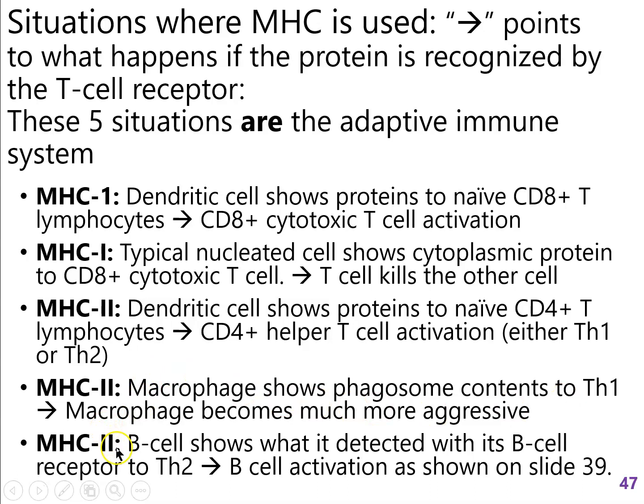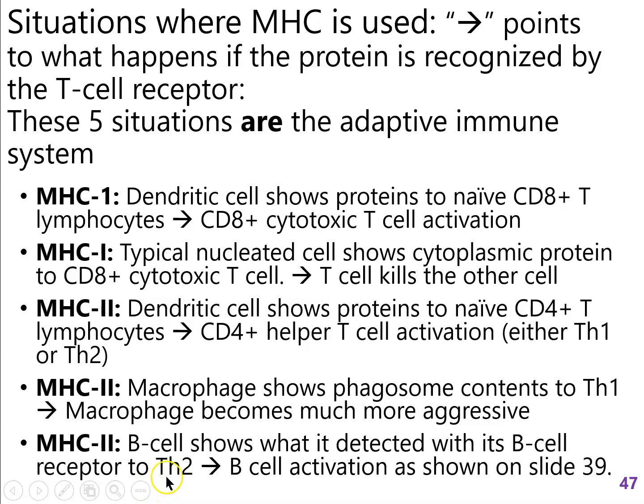So B cells have B cell receptors, and they're going to occasionally detect something with their B cell receptor. And they are going to bring that in and digest it and put it on MHC2 and show it to a type 2 helper T cell.